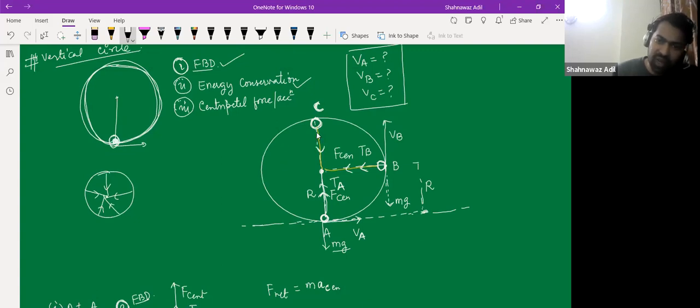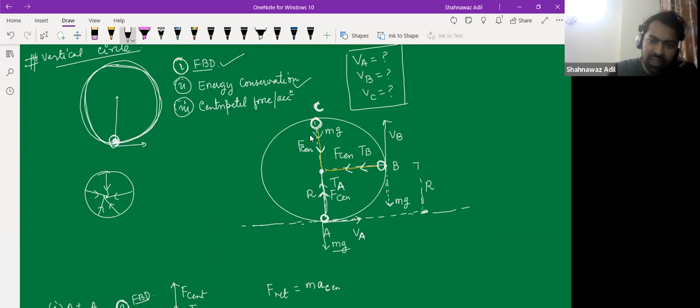So at this point, we have centripetal force, and this tension at C we can assume, for minimum velocity for full circle, that tension is zero. So tension is zero, only mg is there, right?